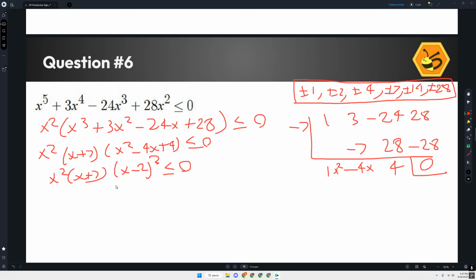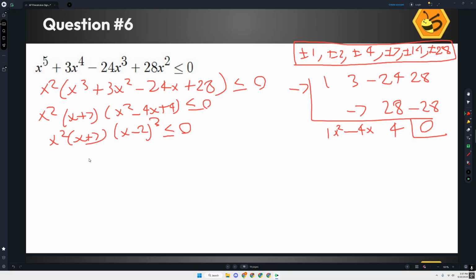And then from there, we pretty much make our sign chart. You put -7 as your divisor, or you can use x plus 7. If you're doing polynomial long division, it would be x plus 7 into x to the third plus 3x squared minus 24x plus 28. Synthetic division is pretty much bare bones.